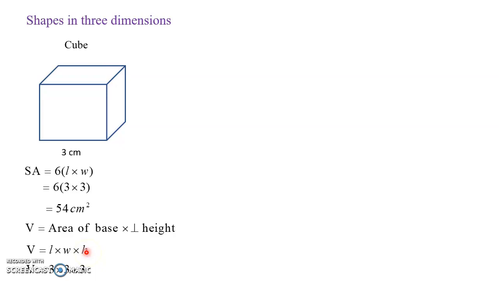And if I do this one, I end up with the volume, which is equal to 3 multiplied by 3 multiplied by 3, which is equal to 27 centimeters cubed. You might have difficulty seeing this, but it's 3 multiplied by 3 multiplied by 3. So the volume is the length multiplied by the width multiplied by the height, and remember, these are cubed units.